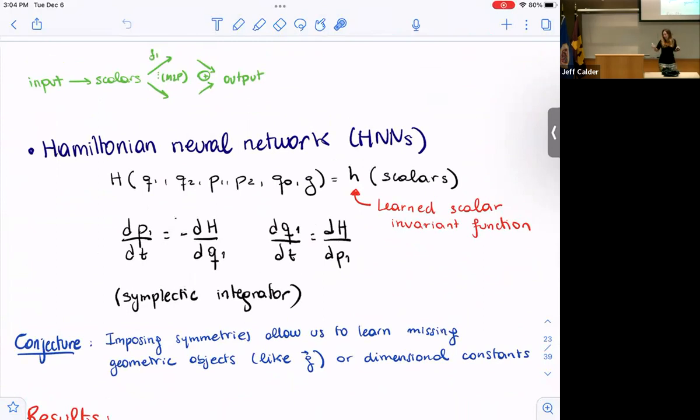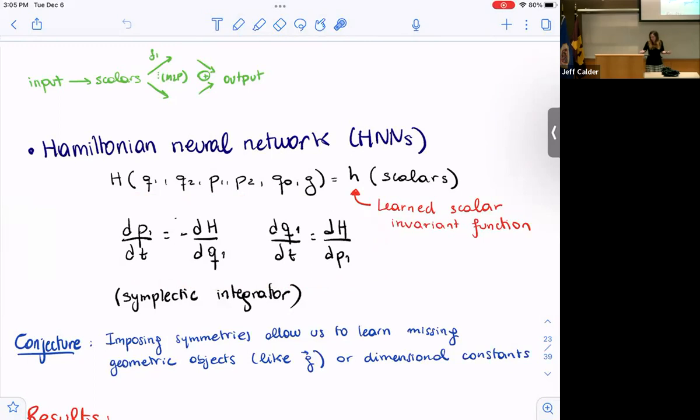There's a Hamiltonian, which is a scalar value, and you know that it satisfies a specific differential equation that you can integrate using a specific integrator, a symplectic integrator, and that is another symmetry that you can incorporate into your modeling.